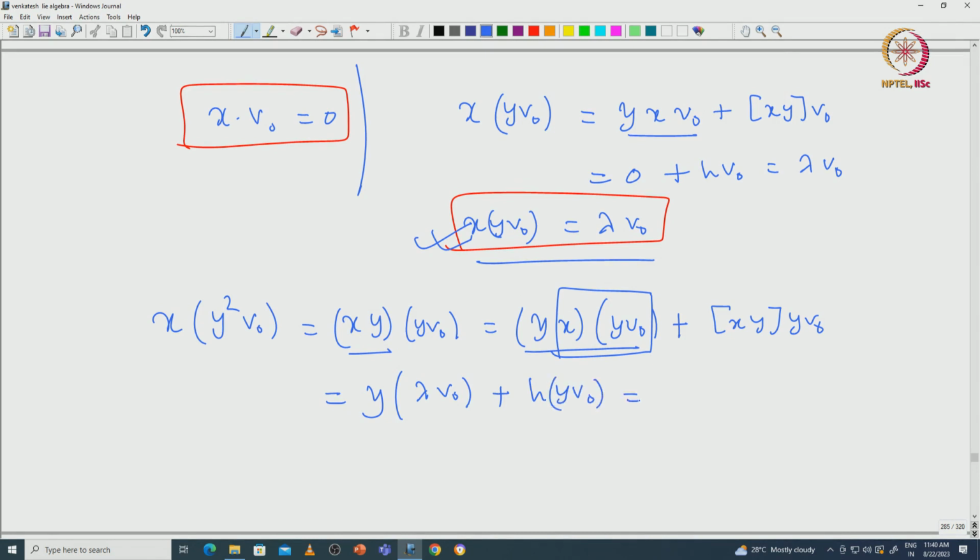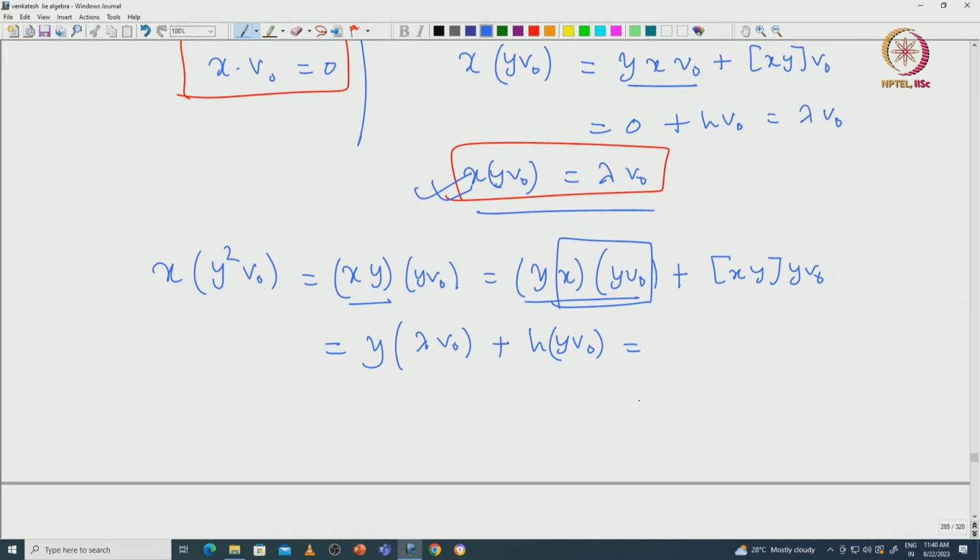Then h y V naught is nothing but lambda minus 2 times y V naught. So you get lambda y V naught plus lambda minus 2 y V naught. This is because y maps the lambda eigenspace to the lambda minus 2 eigenspace, and that is why h of y V naught is lambda minus 2 times y V naught.